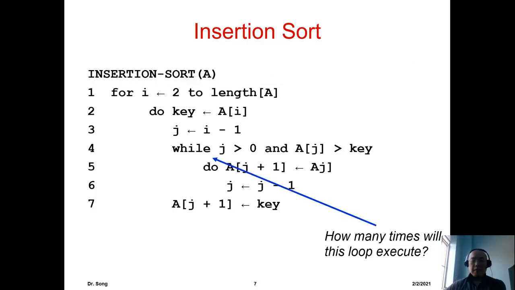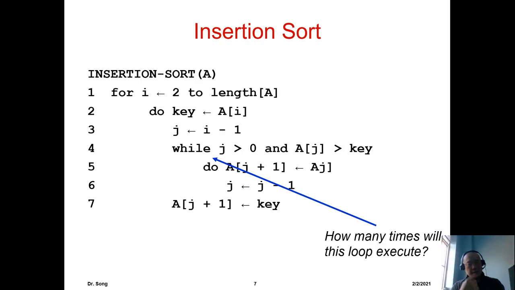Okay, let's check this one. How many times will this loop execute? That's a hard question. Remember, for the inner loop, line 4 to line 6, what we do is shift the values from one side to the other so that we make the right place to insert the new value.